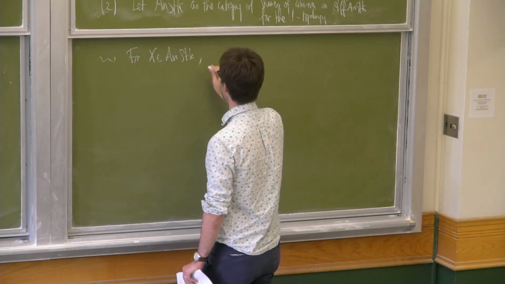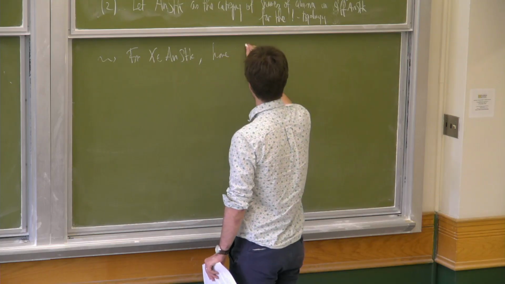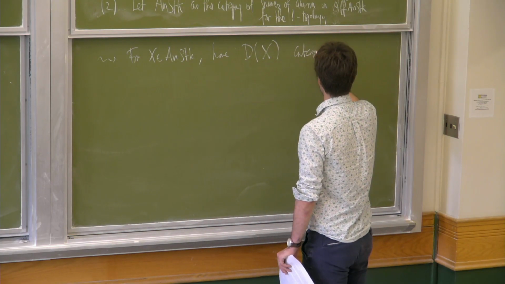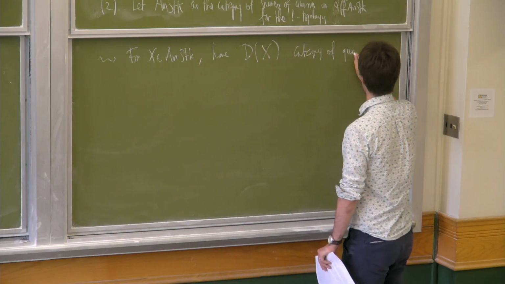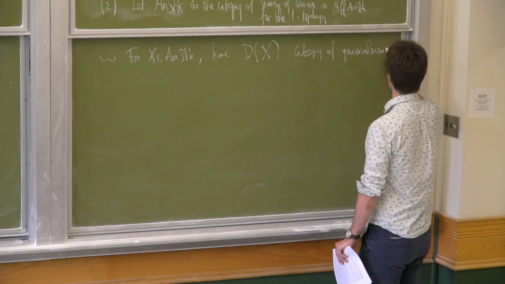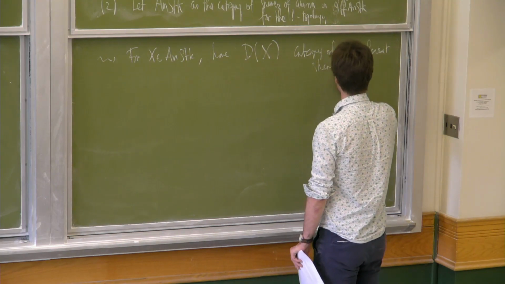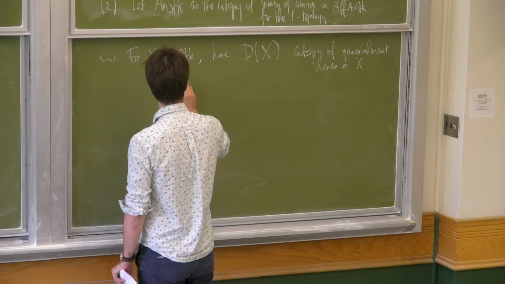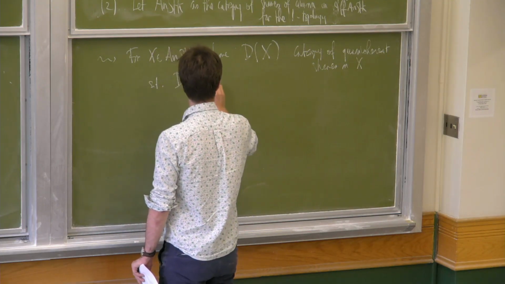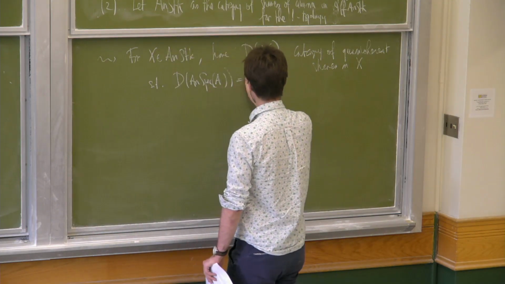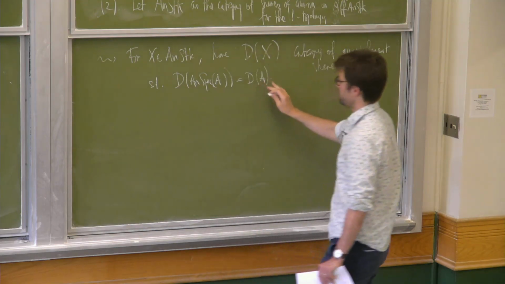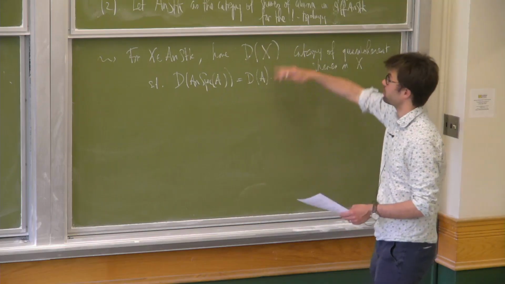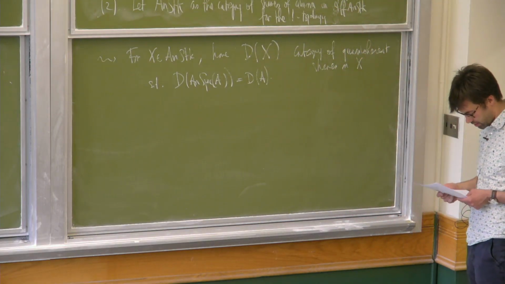you have a certain infinity category, what I will call the category of quasi-coherent sheaves on X, in such a way that if X is affine, then this category of quasi-coherent sheaves is precisely this category of complete A modules, which is part of your datum when you define what an analytic ring is.